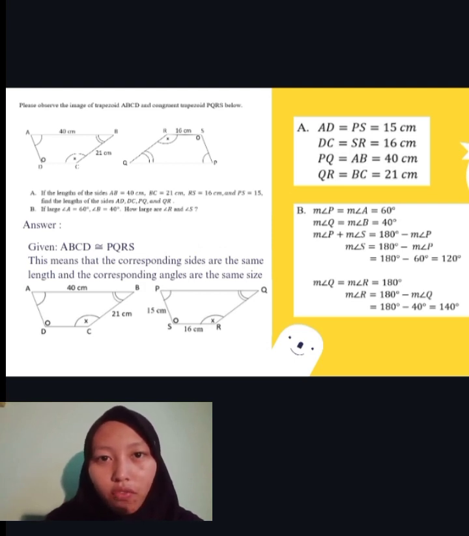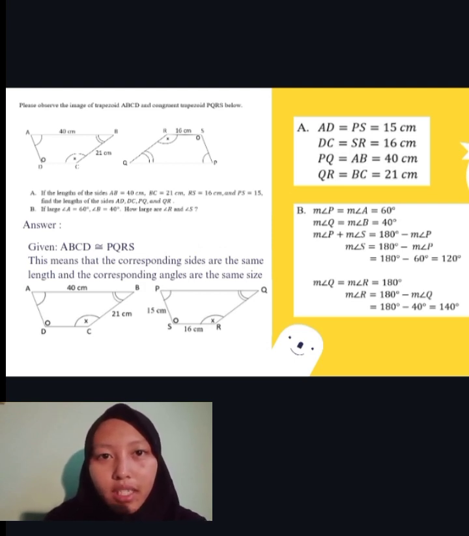Next, for the length of the QR side, QR corresponds to the position of BC. So we write that QR equals BC, and in the problem BC has a length of 21 centimeters. Then we get the length of the side QR equal to 21 centimeters.